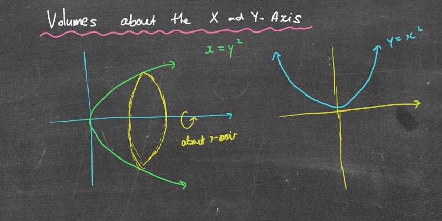This one would rotate about the y-axis, because if I rotated it around the y-axis, think of the y-axis as the center pole, and it's spinning around that pole. It would create this semi-spherical shape as it's spinning around and around. That would be about the y-axis.